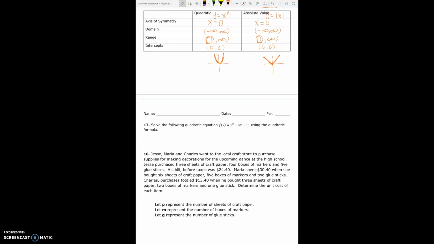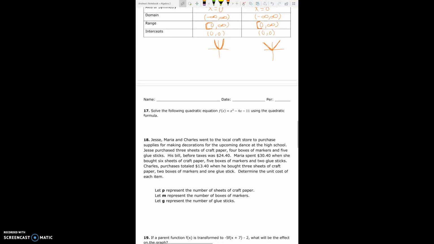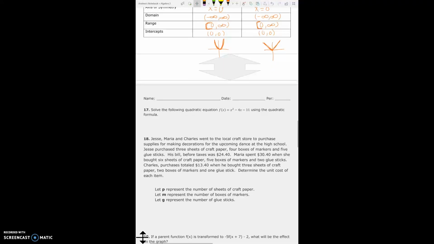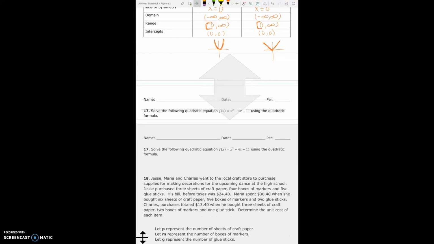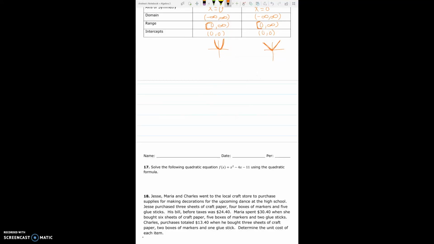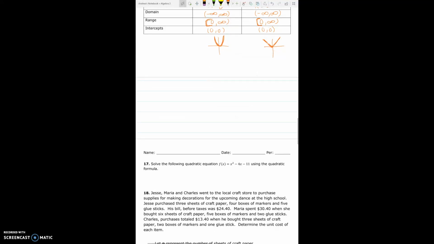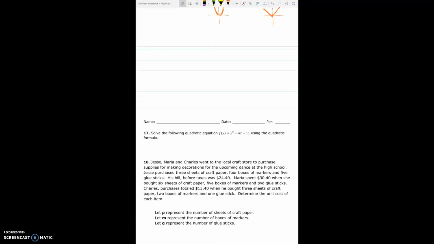Number 17, solve the quadratic equation using the quadratic formula. Okay, I'm going to need a little bit of space here. In order to do this one, I'm going to need to write down the quadratic formula. x equals negative b plus or minus the square root of b squared minus 4ac, all over 2a.